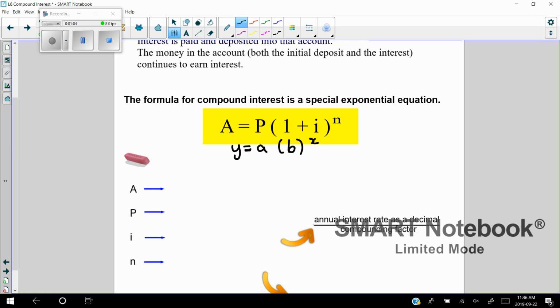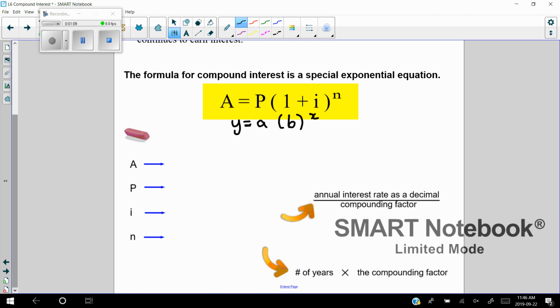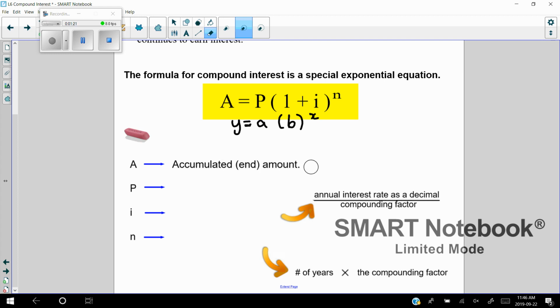It's basically that, just a little bit more complicated. So each of these represents a different thing. So let's erase this here to find out what A is. According to what we've learned before, A should be your final amount. And that's exactly what it is. It's your end amount. P is the same as a, so that should be your initial amount.